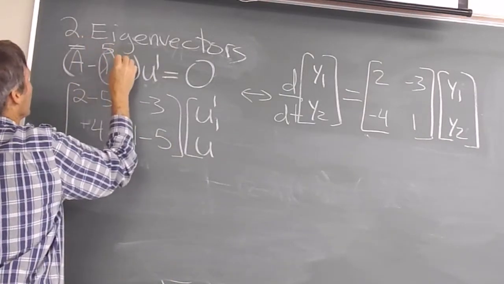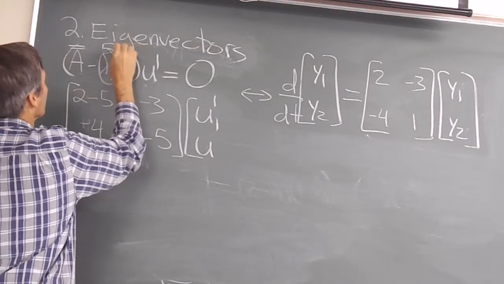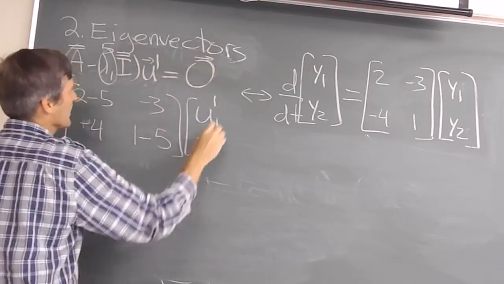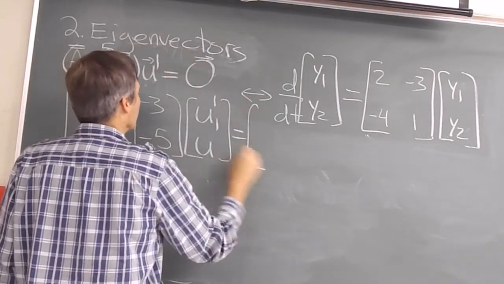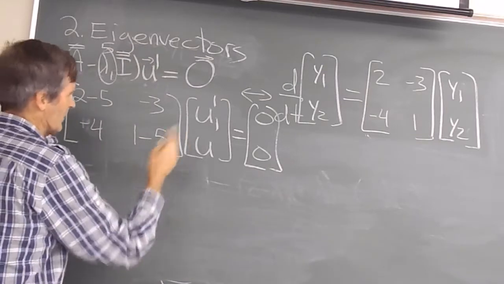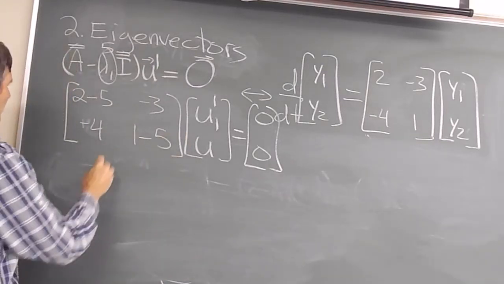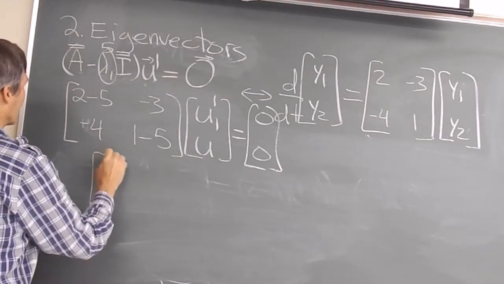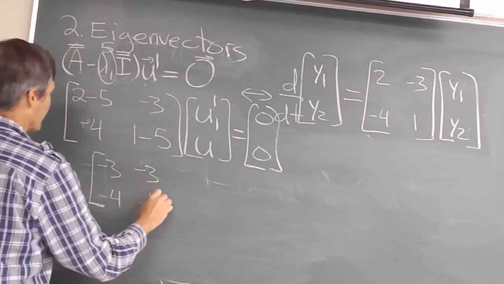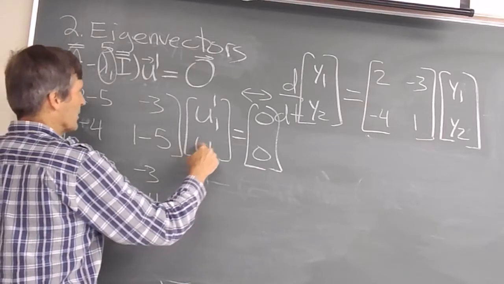We have matrix minus a number times a matrix times a vector equals a vector. So it looks like this. This is a matrix vector equation. Now this says that, let's see, -3, -3, -4, -4 times U1, U2 equals 0.